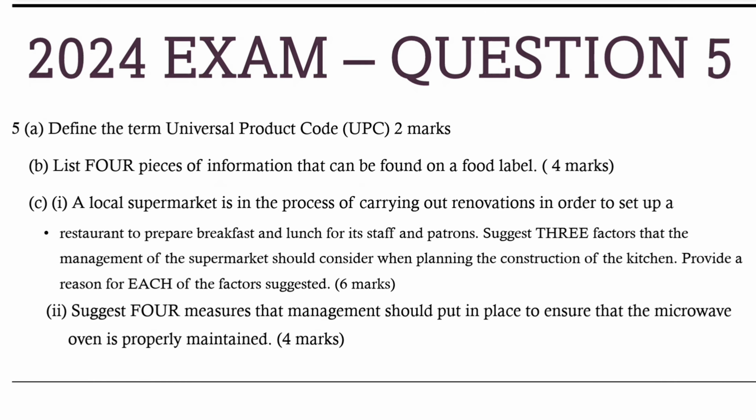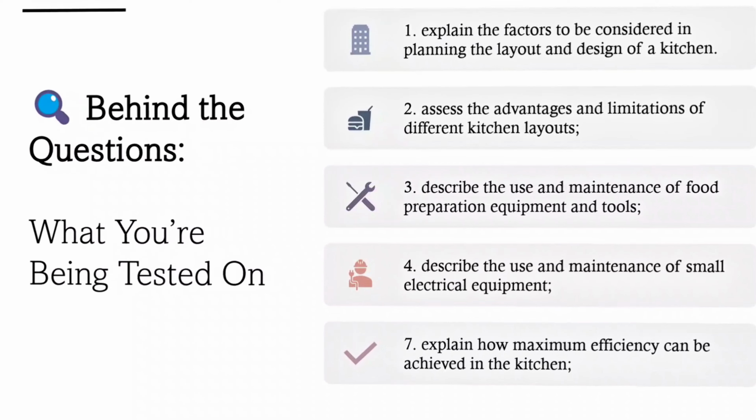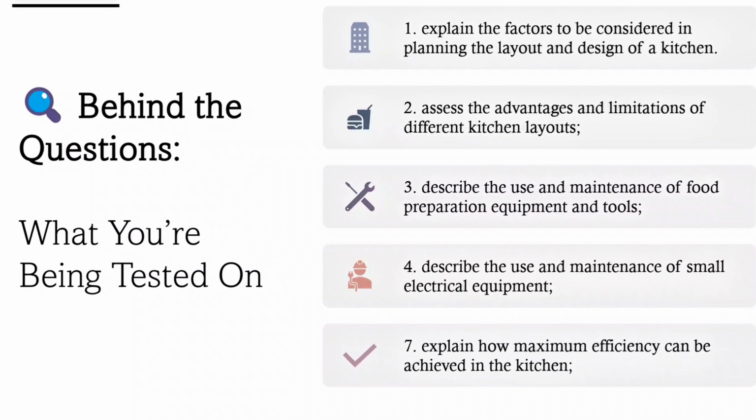All right, now let us look at the underpinning knowledge. Behind the questions, what are you really being tested on? 1, explain the factors to be considered in planning the layout and design of a kitchen. 2, assess the advantages and limitations of different kitchen layouts. 3, describe the use and maintenance of food preparation equipment and tools.